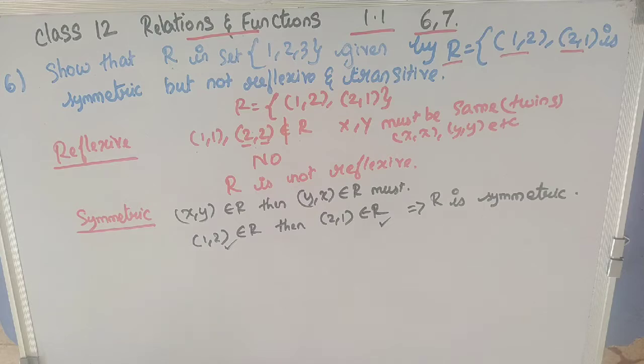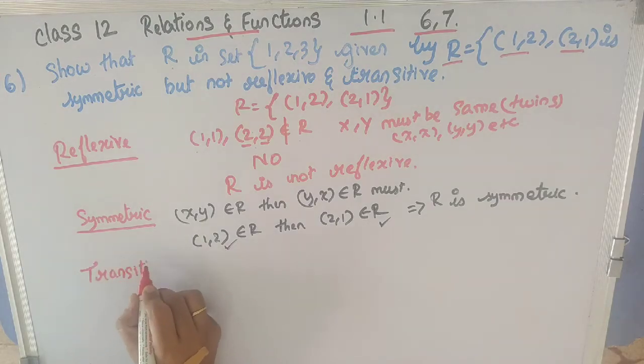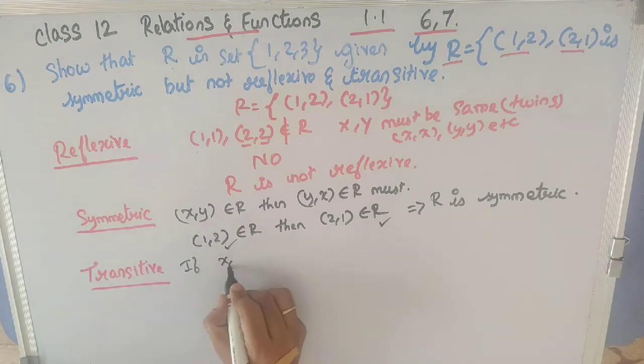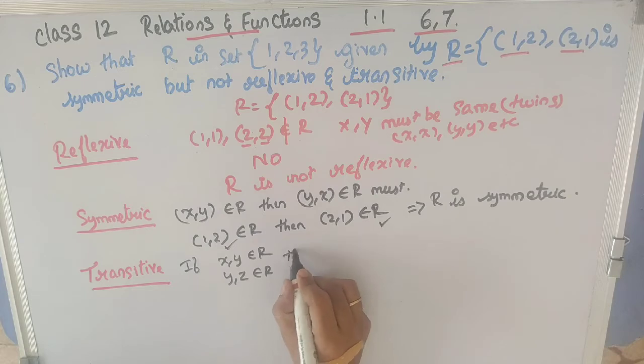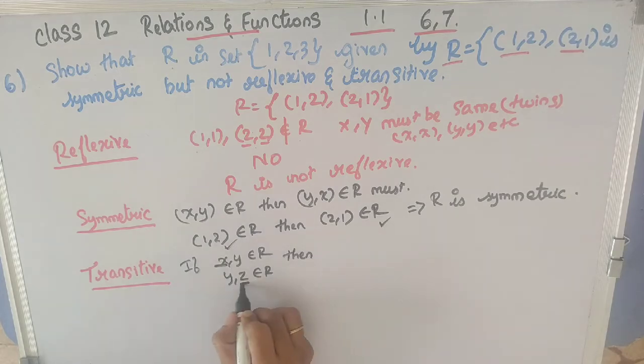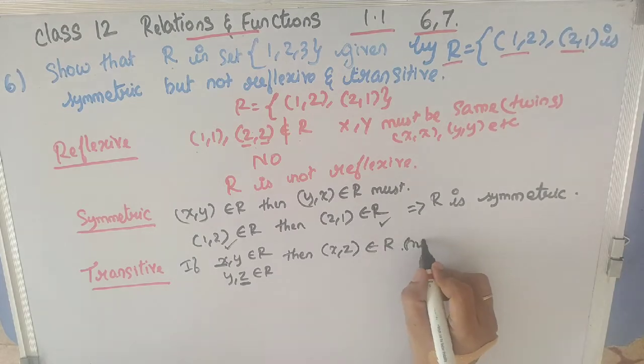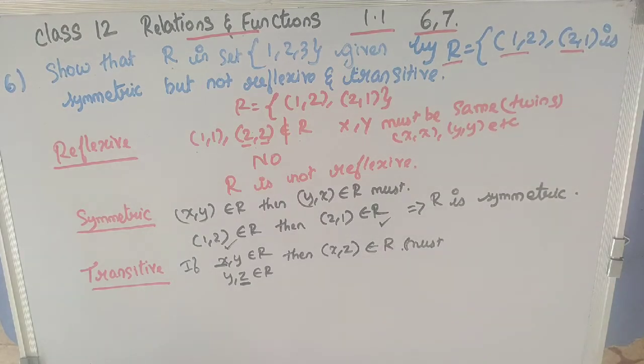Now, let's check whether this relation is transitive or not. What do you mean by a transitive relation? If (X, Y) is an element of R and (Y, Z) is an element of R, then (X, Z) must also be an element of R for the relation to be transitive. Here, (1, 2) is an element of R. Yes, true.